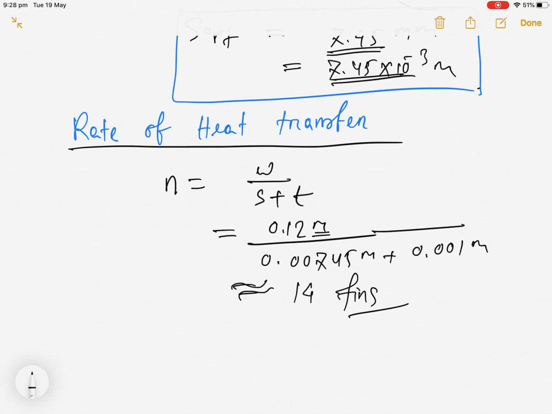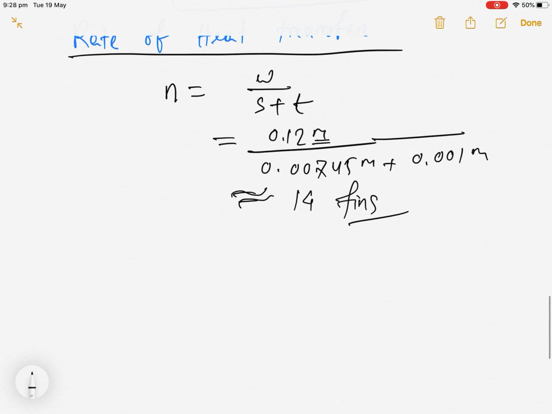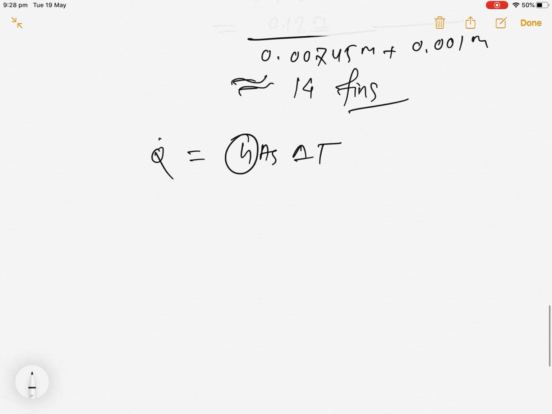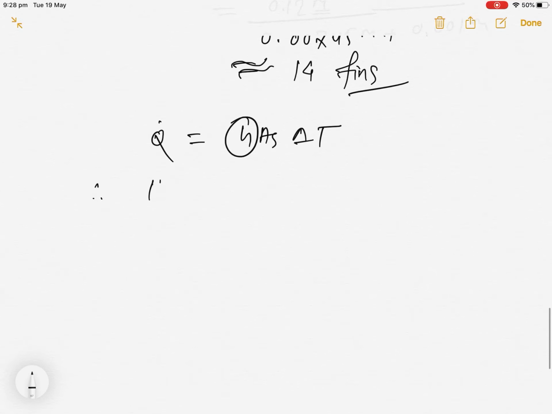Once we know this number of fins, we know the rate of heat transfer Q is equal to h A_s delta T. So we need the convection heat transfer coefficient as well. So now let's calculate the heat transfer coefficient.